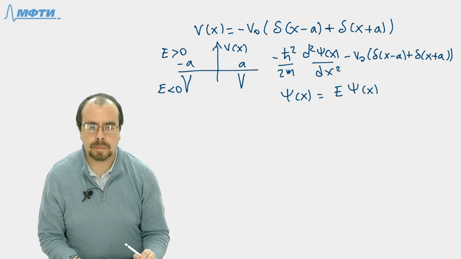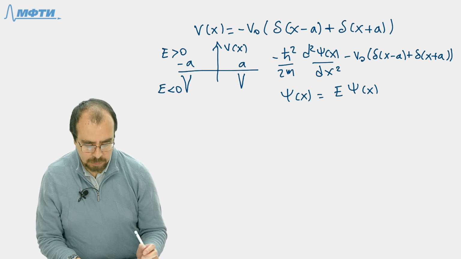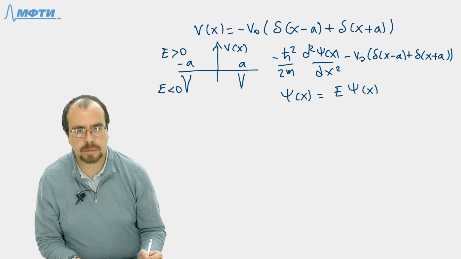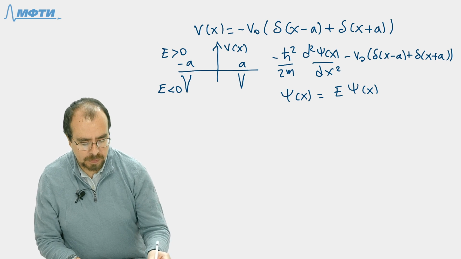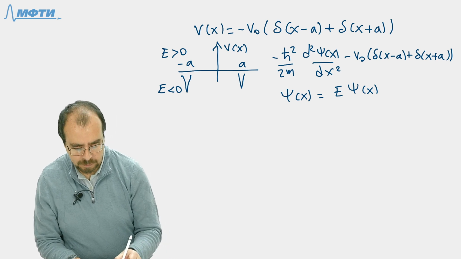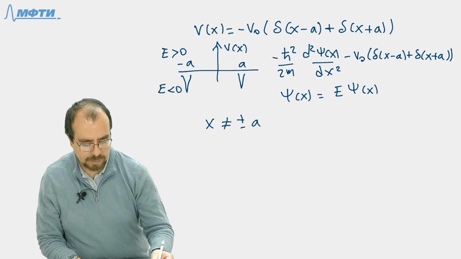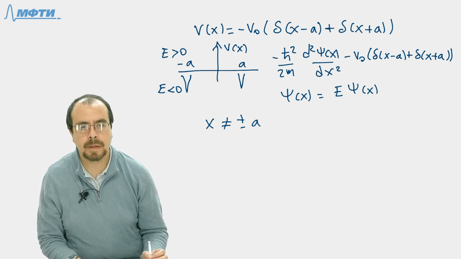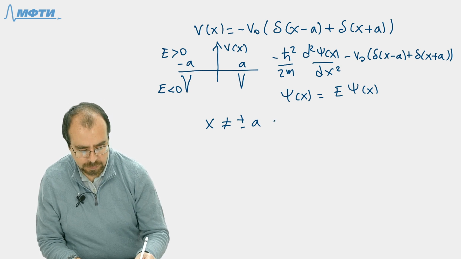We just put the potential, and if we look, for example, for the solution where the potential doesn't show, that means for any x that is different from plus or minus a, these deltas are equal to 0, and then we will have the free particle Hamiltonian, the Schrödinger equation, right?